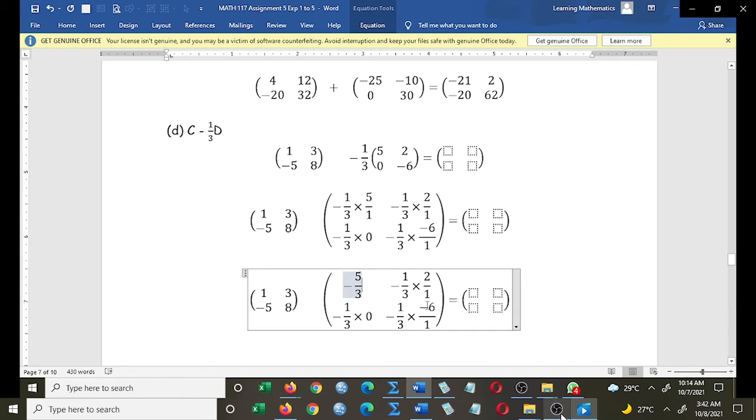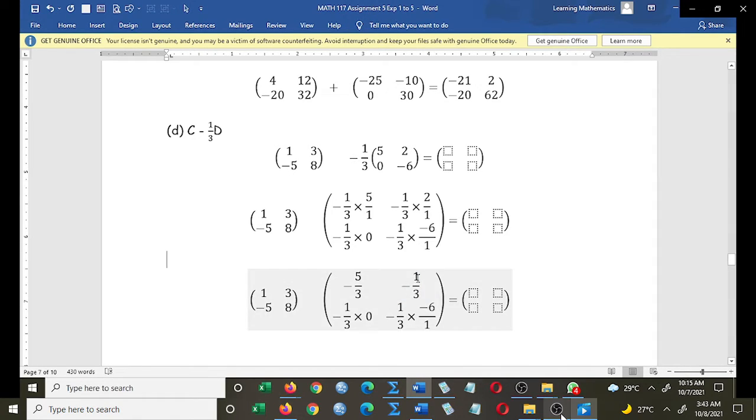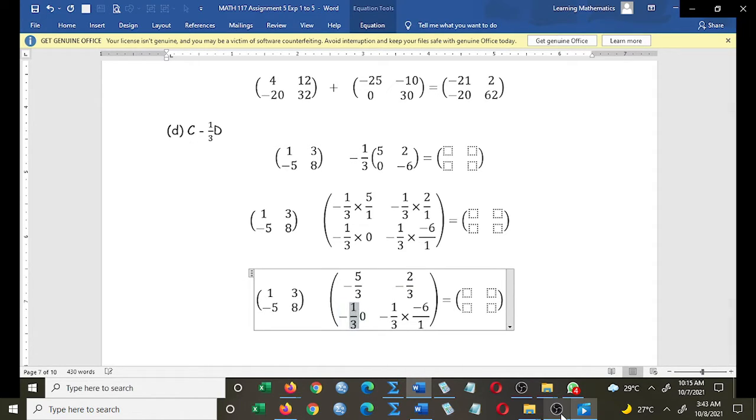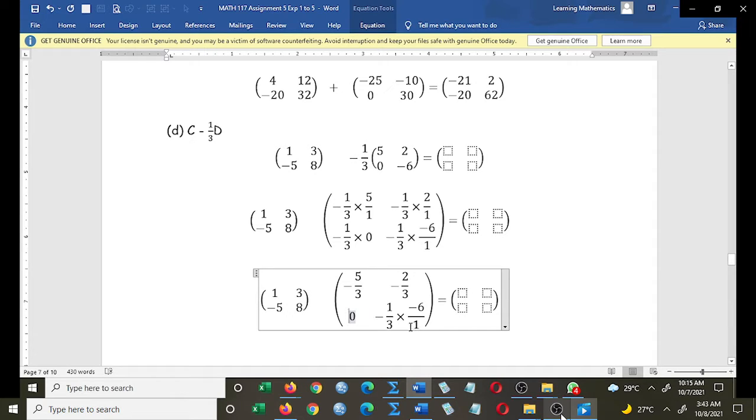Negative 5 over 3. Minus a third times 2 over 1 is what? Negative 2 over 3. Try to see with your calculator if that's what you get. Any number multiplied by 0 is 0.